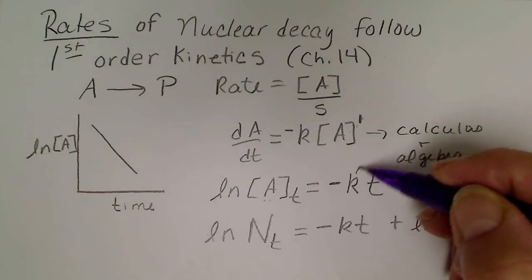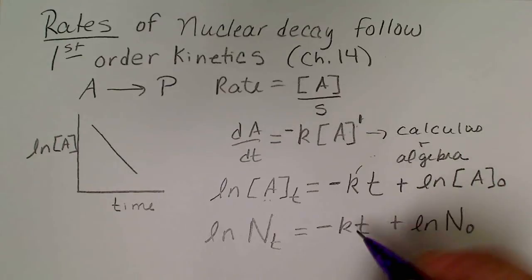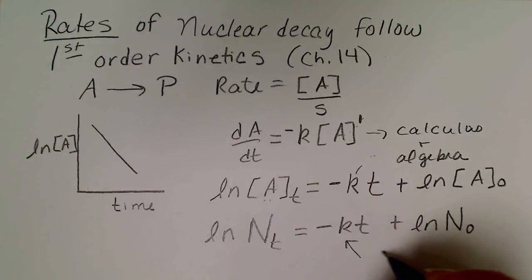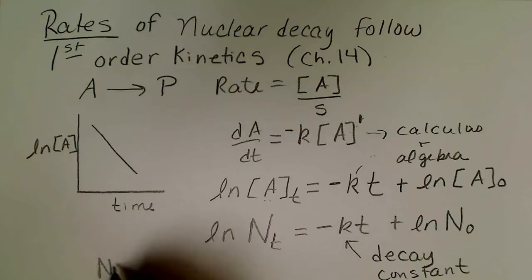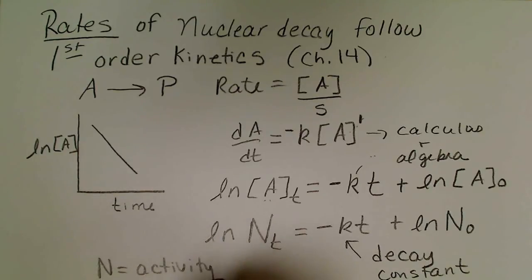So instead of calling this the rate constant, we'll refer to this as the decay constant because that's the process occurring. And N is the activity, and that's often measured with a Geiger counter.